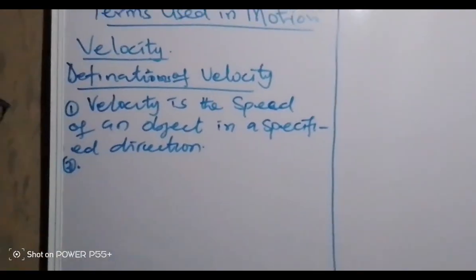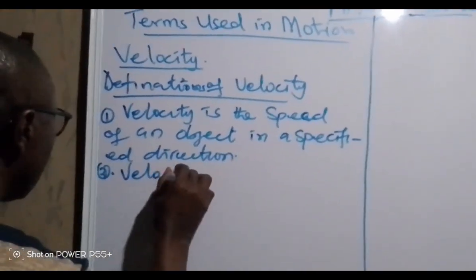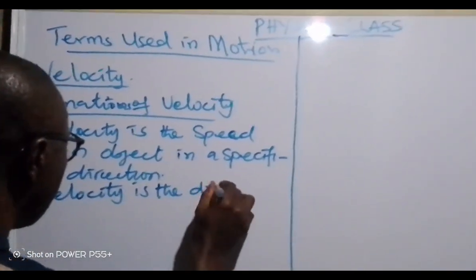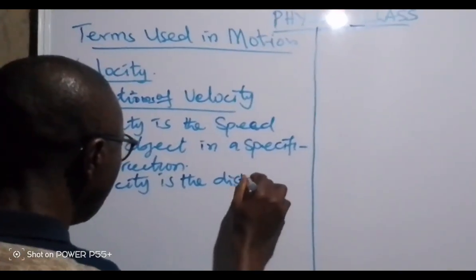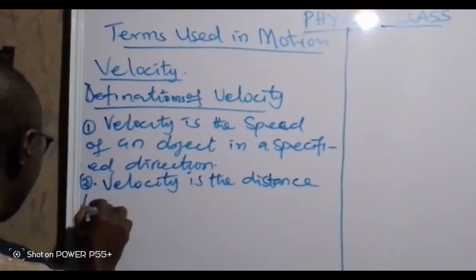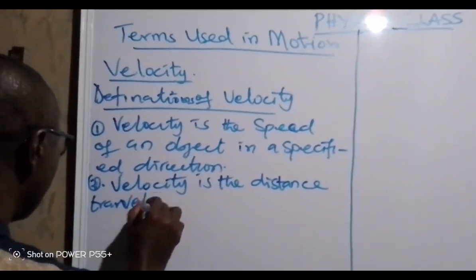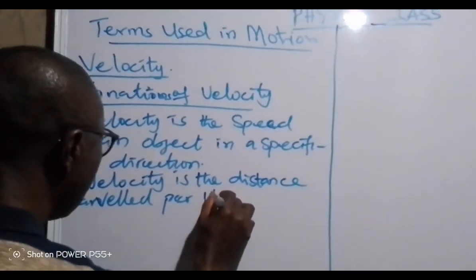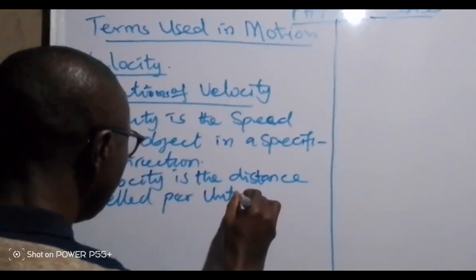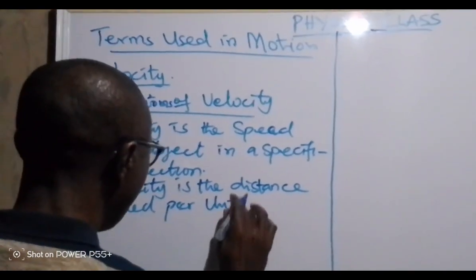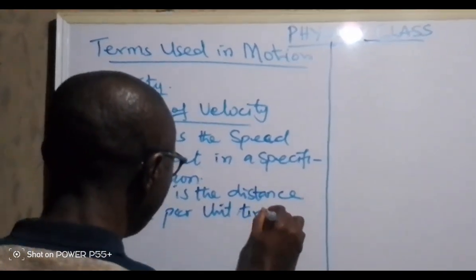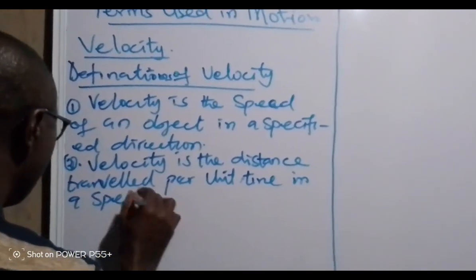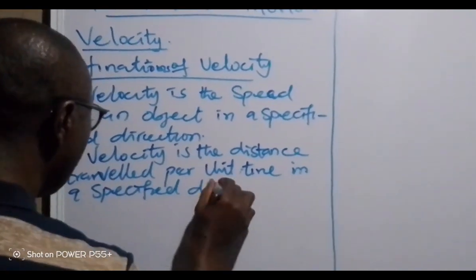2. We can also say velocity is the distance traveled per unit time in a specified direction.